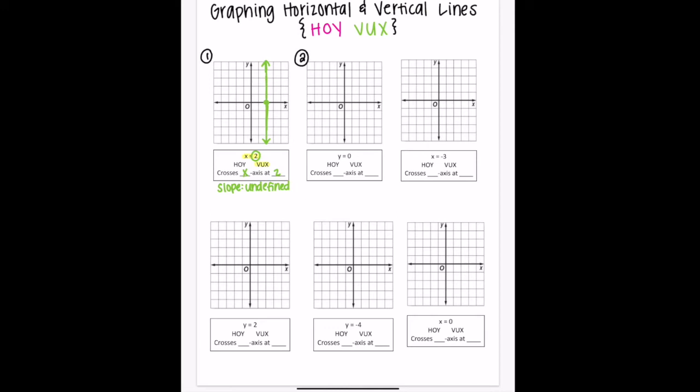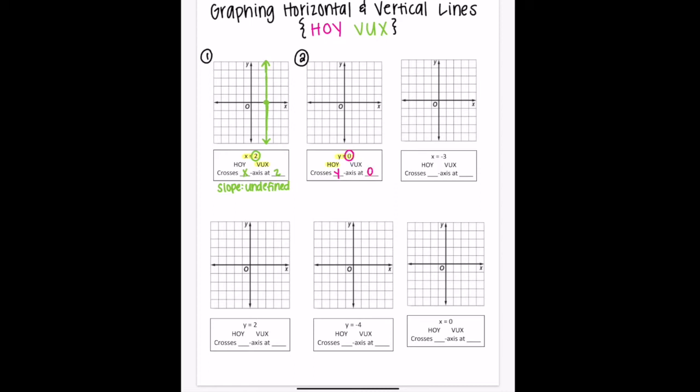All right, this one says y equals 0. So if it's a y equals, we want to think HOY because that has the y, and we're looking at where does it cross the axis, either the x-axis or the y-axis. Well, it's going to cross the y-axis because it has the y equals, and it's going to cross it at the value that's given, which is 0.